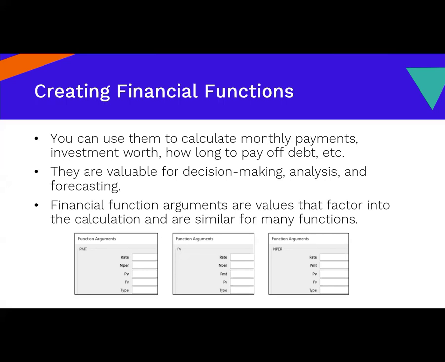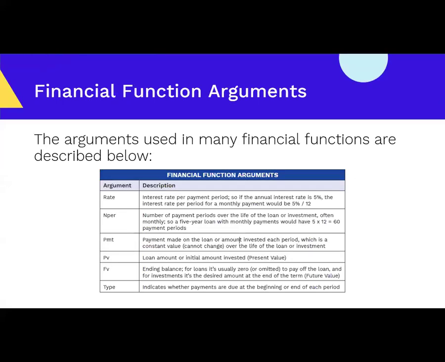Financial function arguments are values that factor into the calculation and are similar for many functions. The arguments used in many financial functions are described below. The rate is the interest rate per payment period. So if the annual interest rate is 5%, the interest rate per period for a monthly payment would be 5% divided by 12.